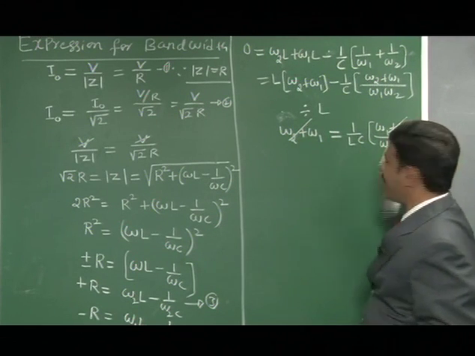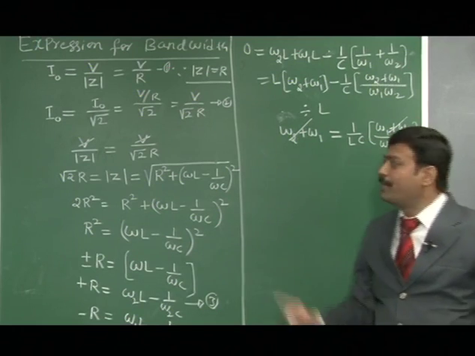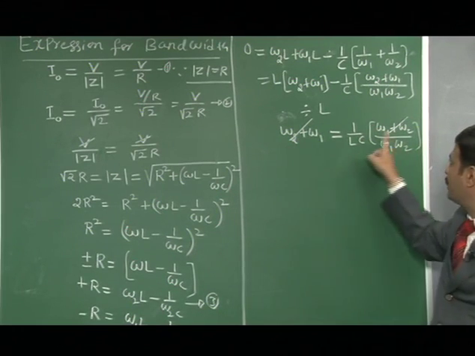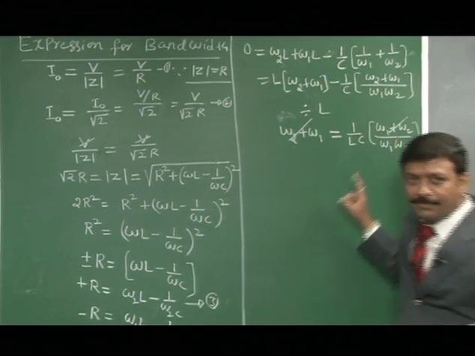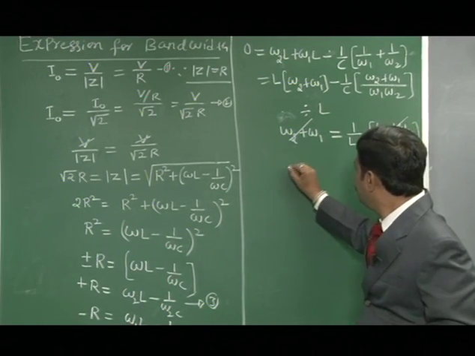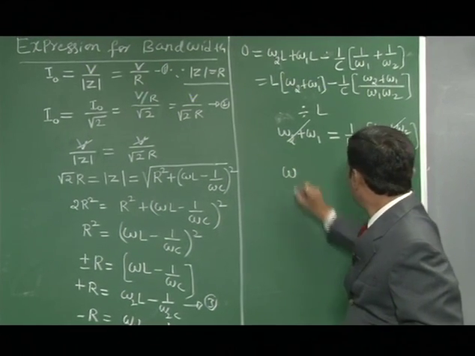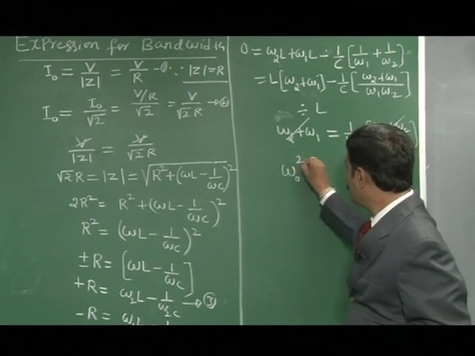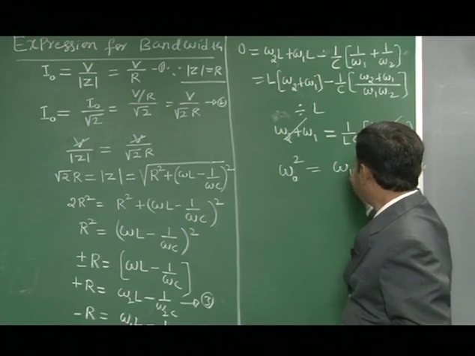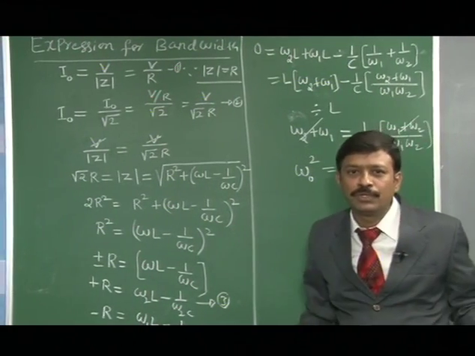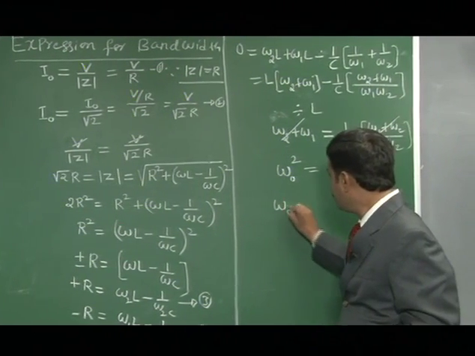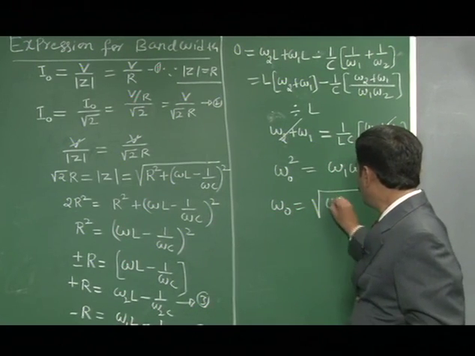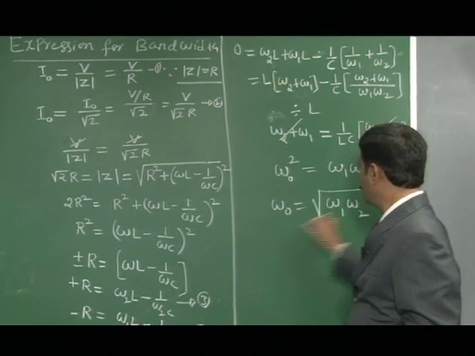Omega 1 plus omega 2 and omega 1 plus omega 2 cancel each other, and this is equal to finally 1 by LC, which I can write as omega naught square. This is equal to omega 1 omega 2, and omega naught is equal to root of omega 1 omega 2.